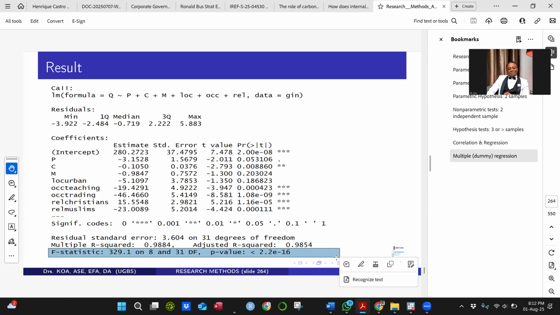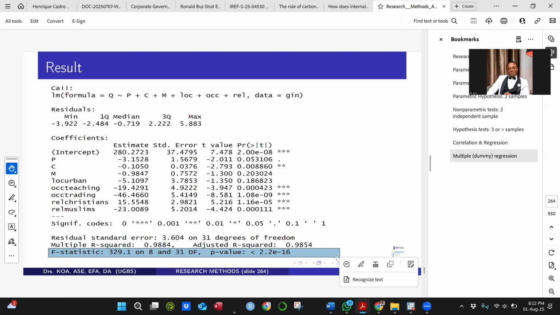There are two reasons why we undertake regression as a technique. Regression is a technique, just like ANOVA is a technique.